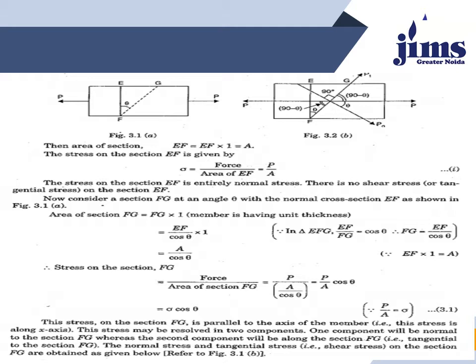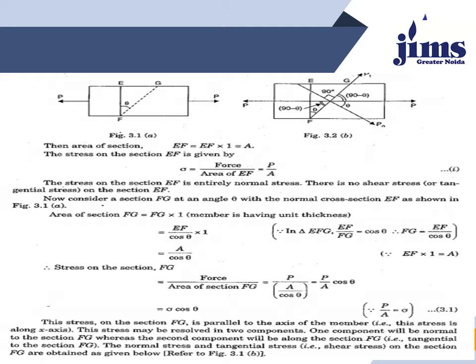So, the area of EF is equal to EF multiplied by 1, that is A. The stress on the section EF is given by sigma is equal to force divided by area of EF, equal to P upon A. The stress on the section EF is entirely normal stress. There is no shear stress or tangential stress on the section EF.